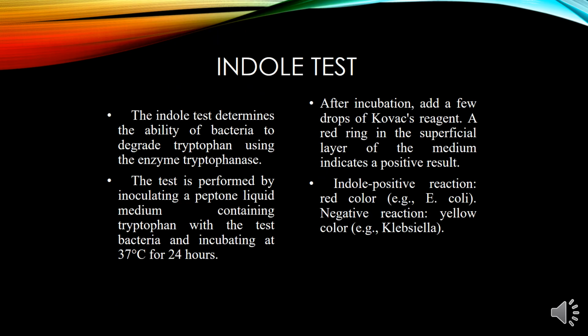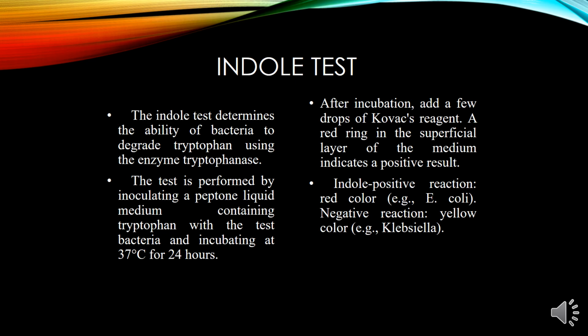Next is the indole test. The indole test is used to determine the ability of a bacterium to degrade tryptophan by the enzyme tryptophanase. The test is performed by inoculating peptone water containing tryptophan with the test bacteria and incubating at 37 degrees for around 16 to 24 hours.